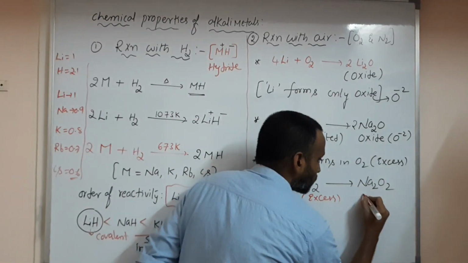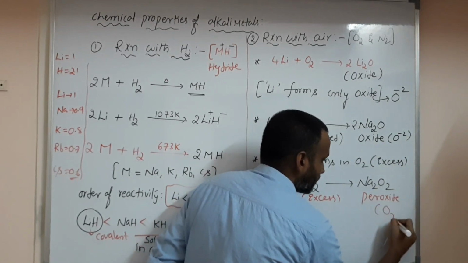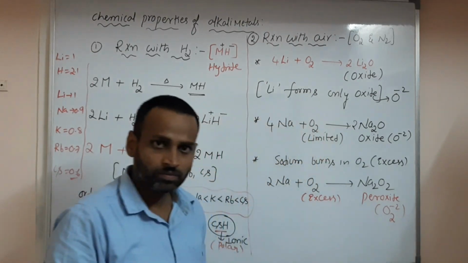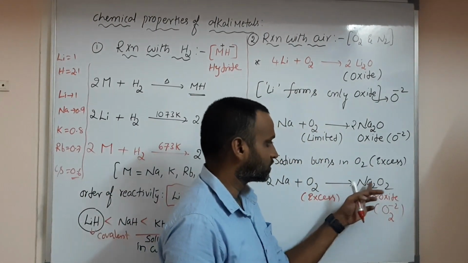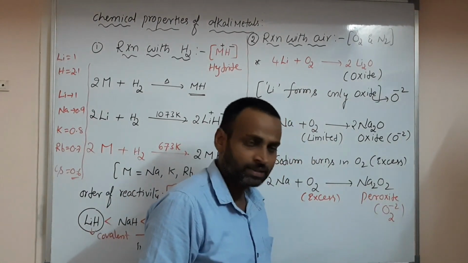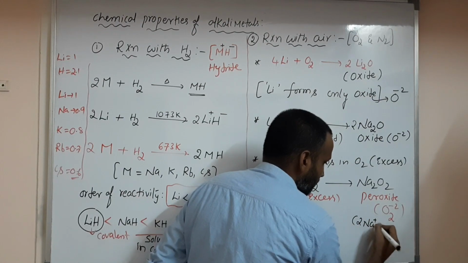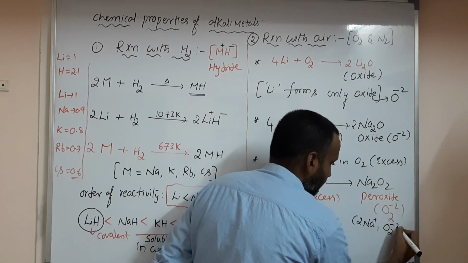Peroxide means, as everybody knows, O2 -2. How are we saying it? 2 Na+ and O2 -2. I repeat, 2 Na+ and O2 -2.